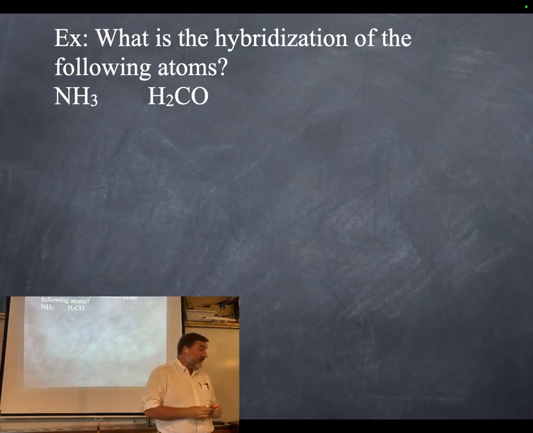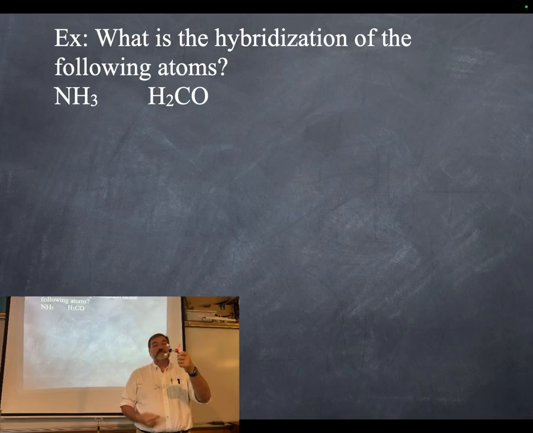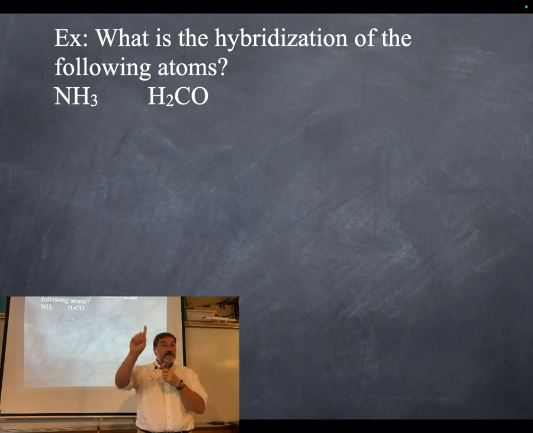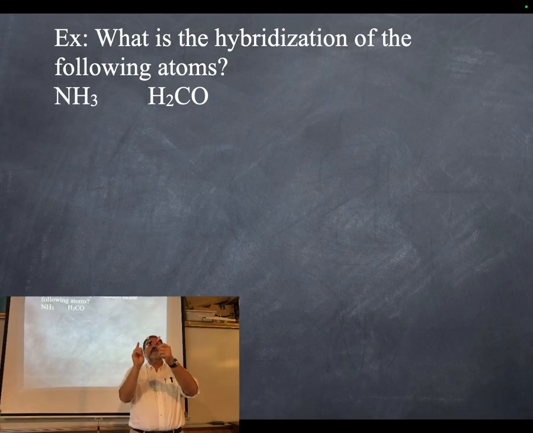When we count electron domains, start with the oxygen, count the electron domains. Remember, the double bond counts as 1. Any kind of bond, single, double, triple, 1 electron domain.